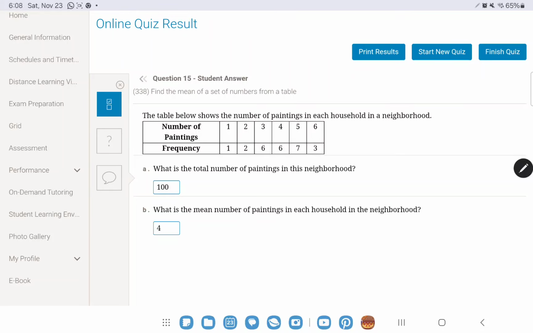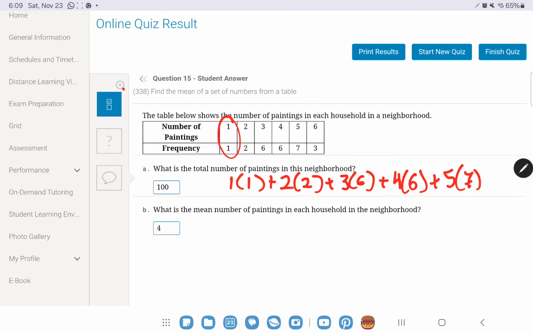Here we do the same thing, except they're asking you to do it in 2 separate parts. 1 into 1 plus 2 into 2 plus 3 into 6 plus 4 into 6 plus 5 into 7 plus 6 into 3.